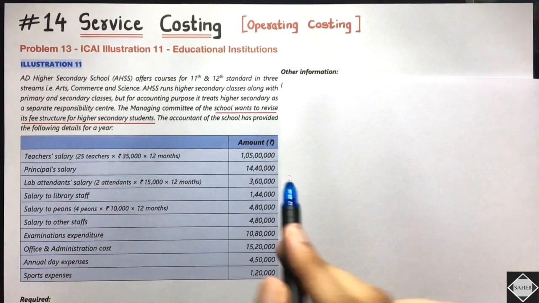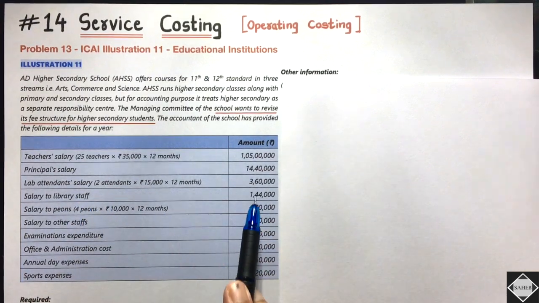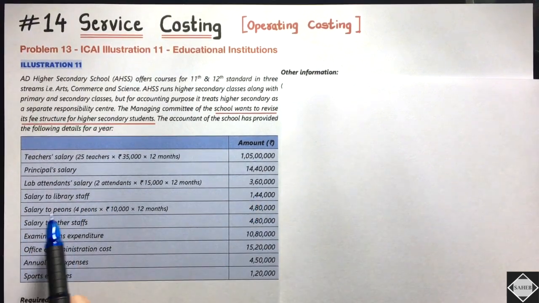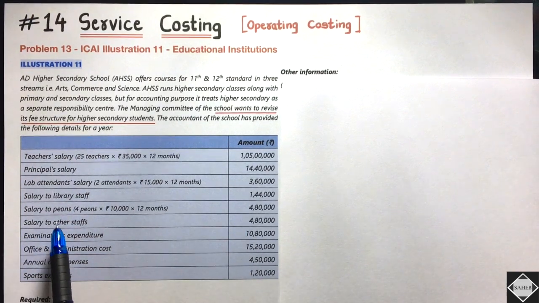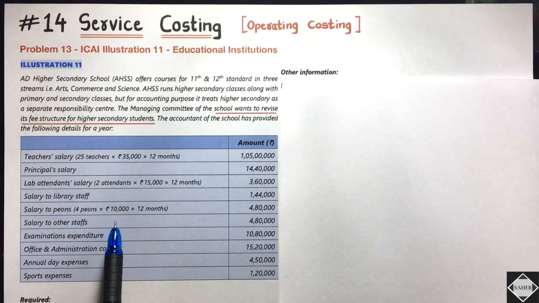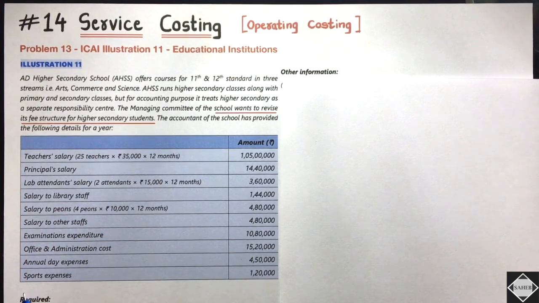Principal salary, 14 lakh 40,000; lab attendants' salary, 2 attendants, 3 lakh 60,000; salary to library staff, 1 lakh 44,000; salary to peons, 4 peons at 10,000 per month, in total 4 lakh 80,000 in a year. Examination expenditure, 10 lakh 80,000; office and administration costs, 15 lakh 20,000; annual day expenses, 4 lakh 50,000; sports expenses, 1 lakh 20,000. All this information has been given to you.